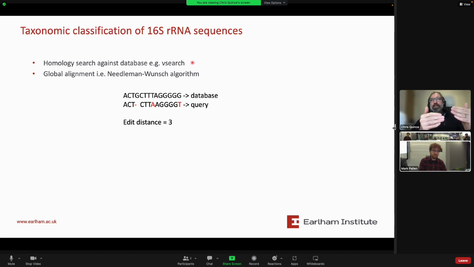It would be appropriate, say, when you were trying to do a homology search for a particular protein against another genome. A local alignment is appropriate when only part of your query should be matching against your database.